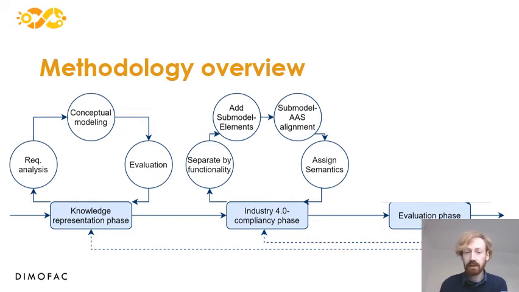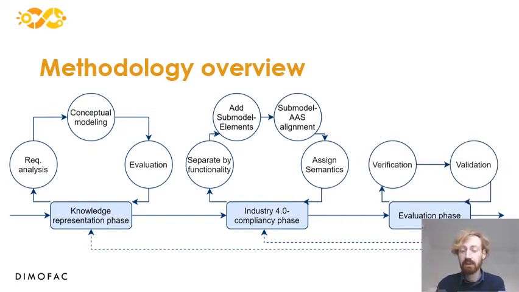At the moment I can't go into detail on each of those steps, but in the paper we provide best practices for each of those. And I will go into some detail on assigning semantics. And we conclude with an evaluation phase consisting of verification and validation.